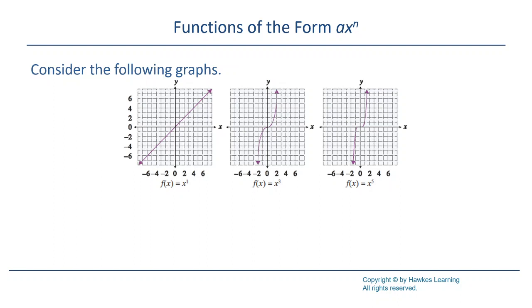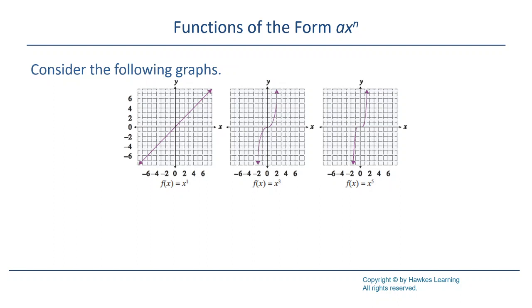So, functions of the form a x to the n. Notice if we start out with x to the first, x cubed, and x to the fifth, once you get past x to the first, the shape is pretty much the same.